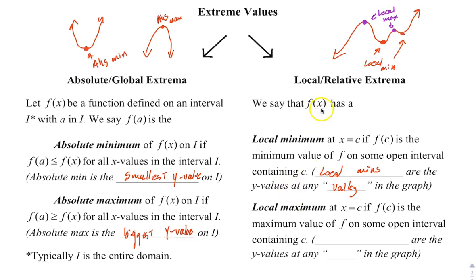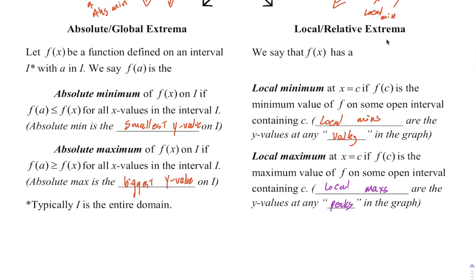They're the highest points in the little area. There might be higher points, since this graph keeps going, but in the little area, those are the local maxes. Local maxes are the peaks. If you think about a hill, we have peaks and valleys. All these points right there are local maxes, and all the points right here are local mins.